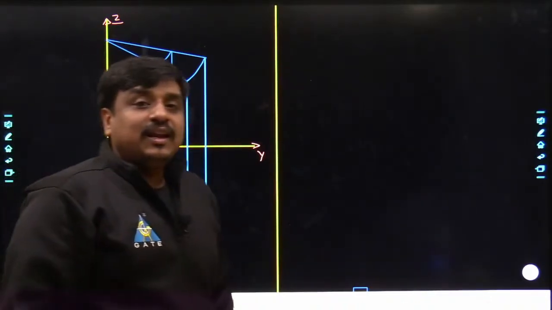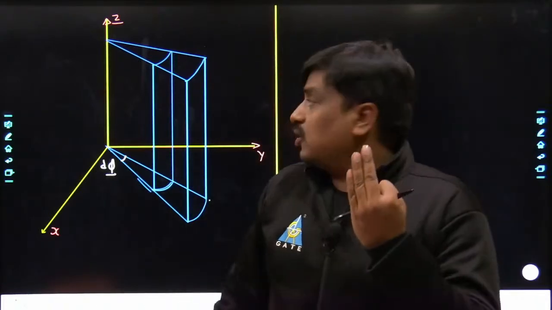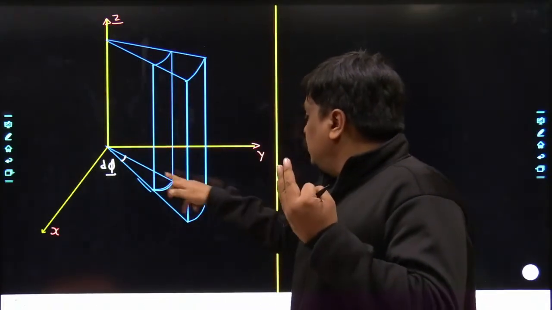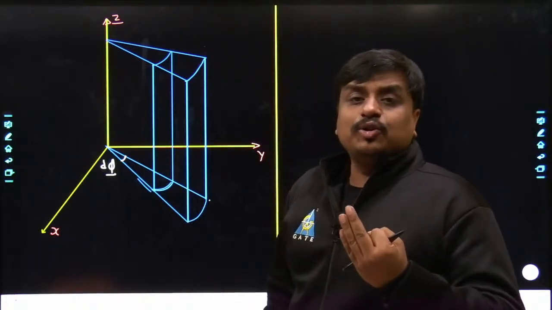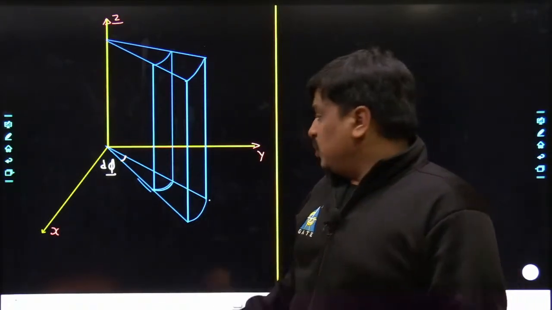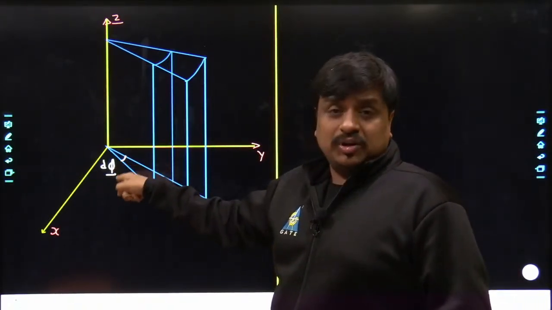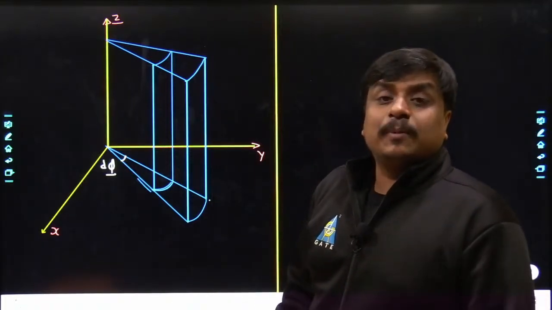So how many differential lengths have you got? 3 differential lengths you have got: dz, d rho, and another differential length has come into the picture in the form of rho d phi, because the differential length is directly proportional to d phi and at the same time it is directly proportional to rho.